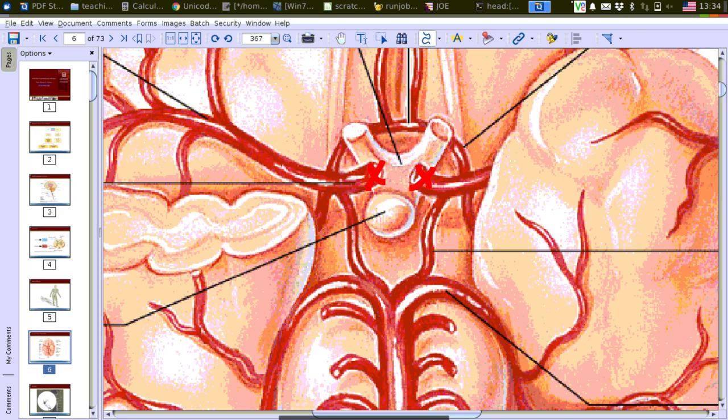Now, it can't maintain as high a blood flow, but it can maintain sufficient blood flow for function. So there are many very old people who might have complete blockage of the internal carotid arteries, and they function normally, except that they get tired fast.